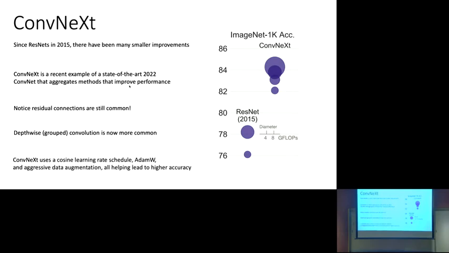So is the only thing that ConvNeXt does, relative to ResNet 2015, to use a different architecture? The answer is no. There are other things. In fact, it's an ongoing, interesting question in the field of how much the actual architecture matters compared to everything else that's also in play for your performance.